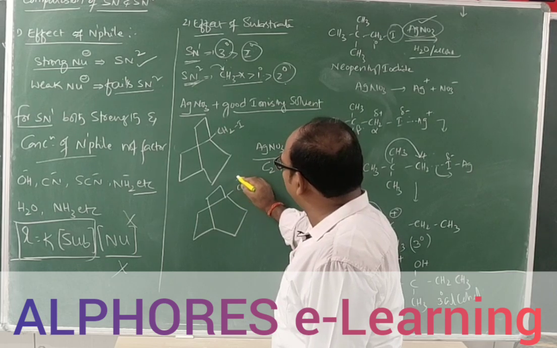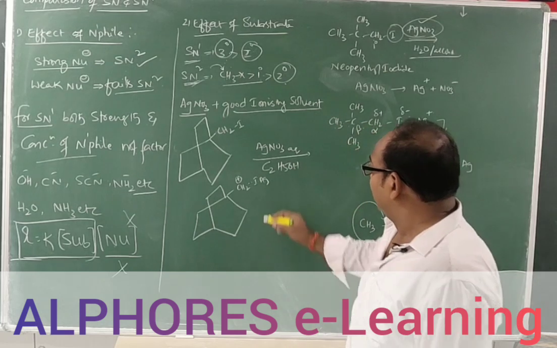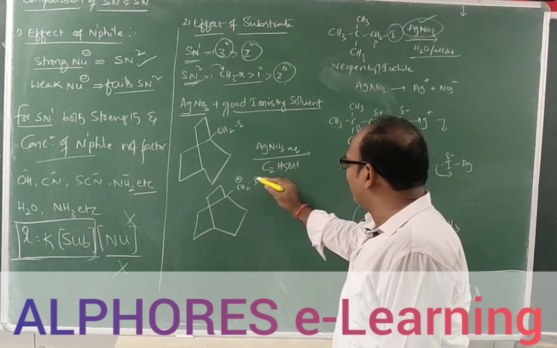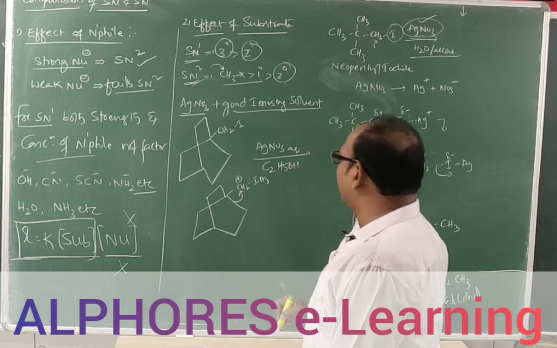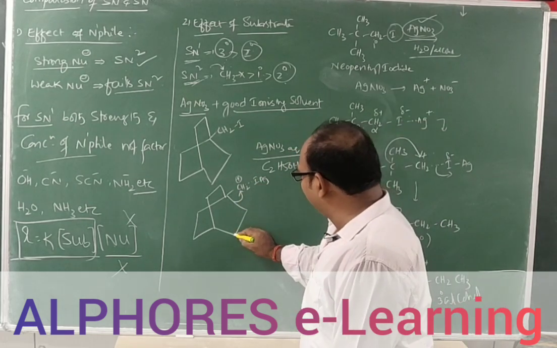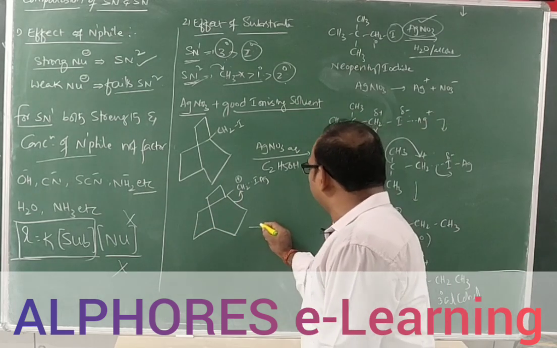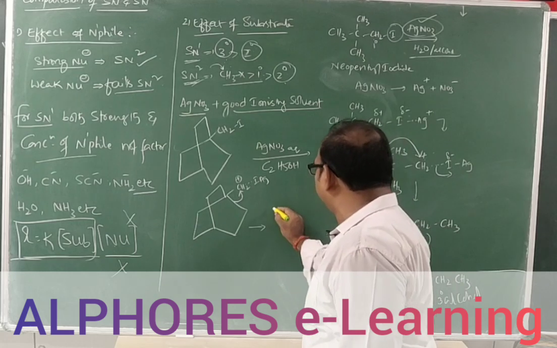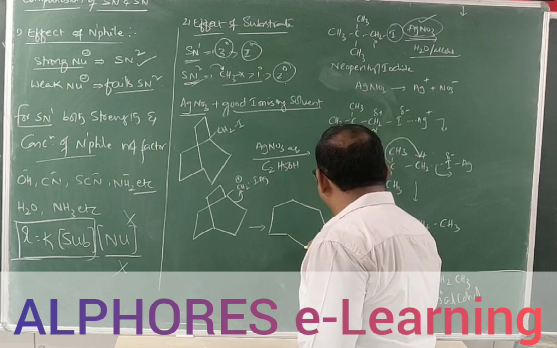So this carbon slowly bears positive charge, and the iodine and silver come out as AgI. Whenever this carbocation character develops, ring expansion occurs. Earlier it was a 6-membered ring; now it is going to convert into a 7-membered ring, a bicyclo compound with a 7-membered ring.